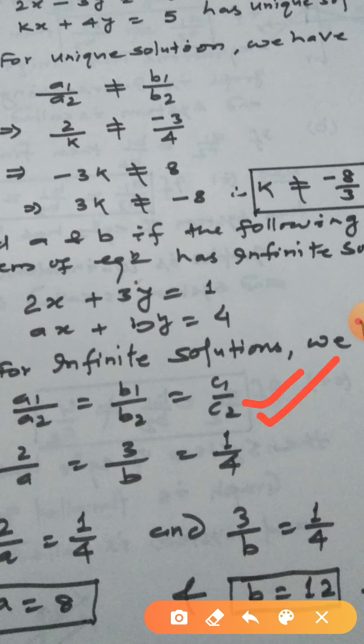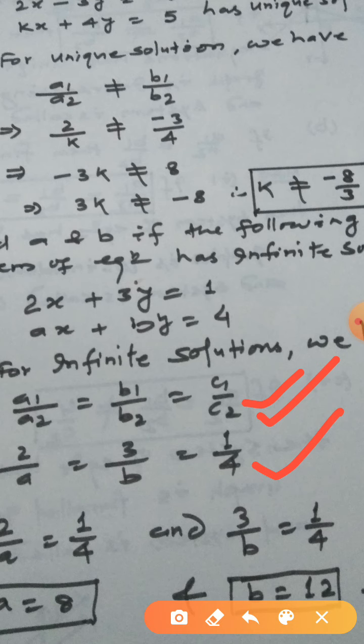Okay, so we will write the answer in this way. For infinite solutions we know the condition: a1 by a2 equal to b1 by b2 also equal to c1 by c2. So putting these values of coefficients and constants, we get 2 by a equal to 3 by b equal to 1 by 4.